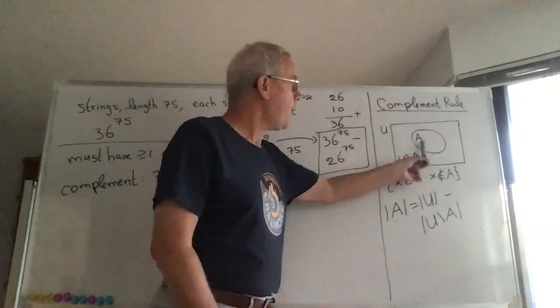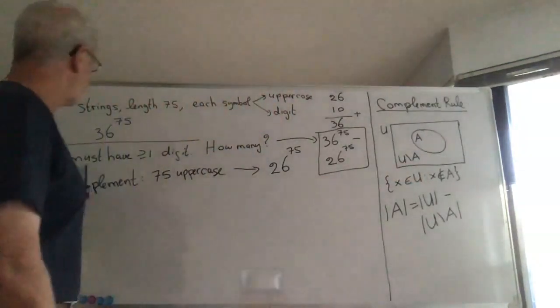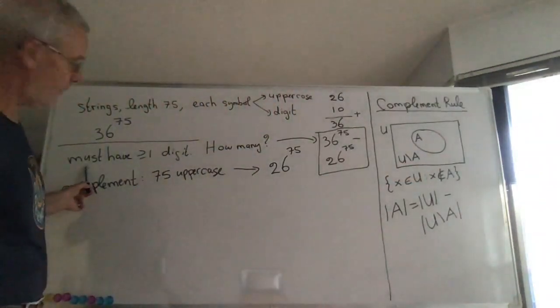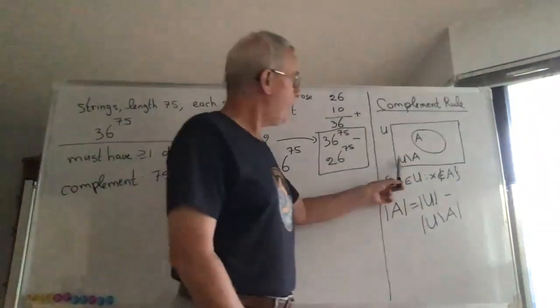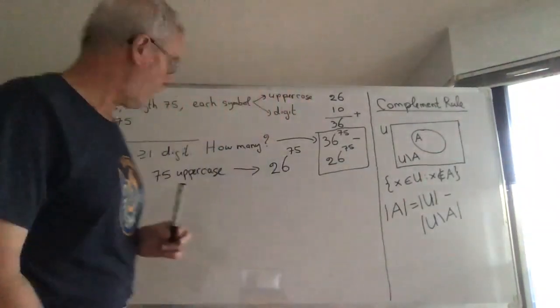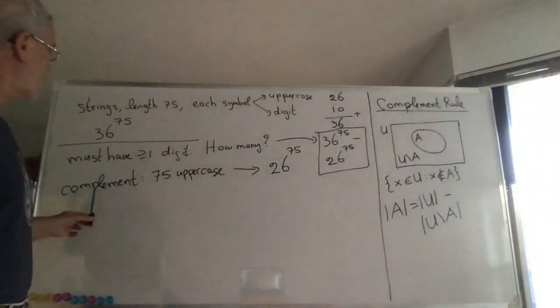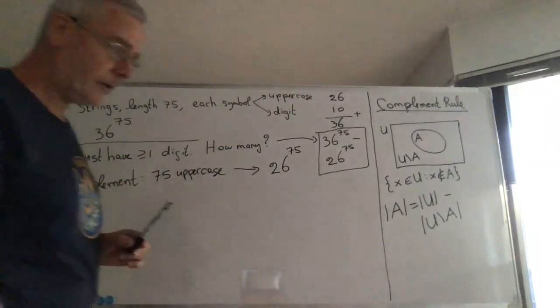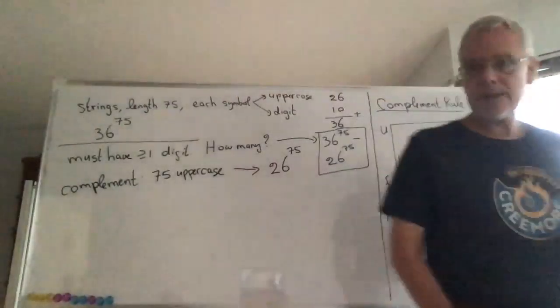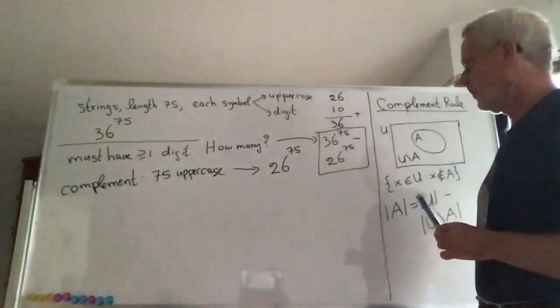The set A, these are all strings in U that have at least one digit. And the set U minus A, the complement, is the set of all strings in U that have 0 digits, meaning every symbol is an uppercase letter.